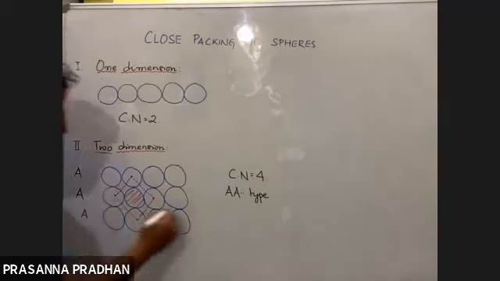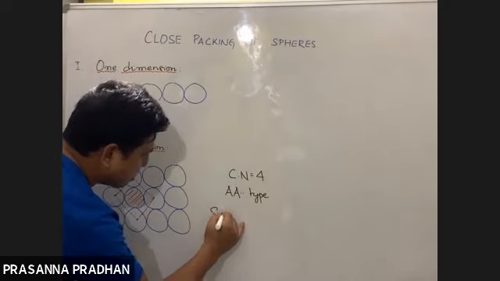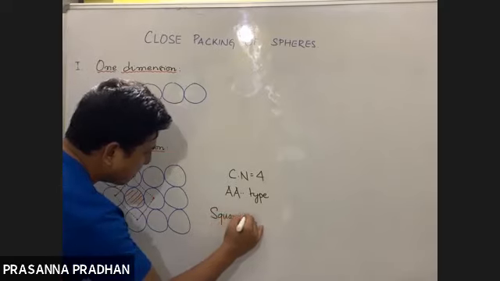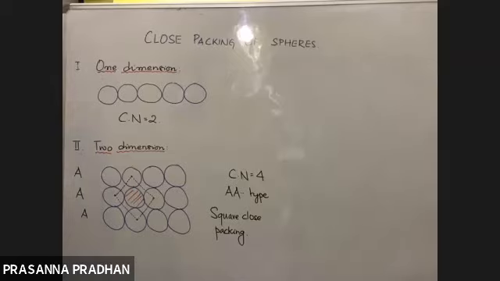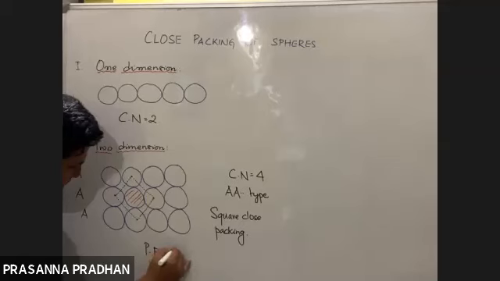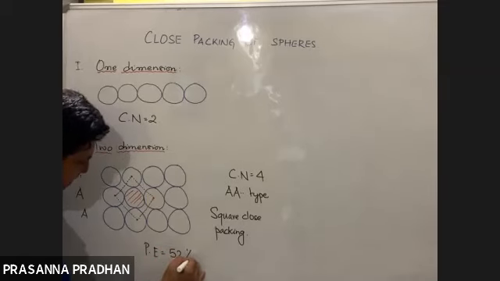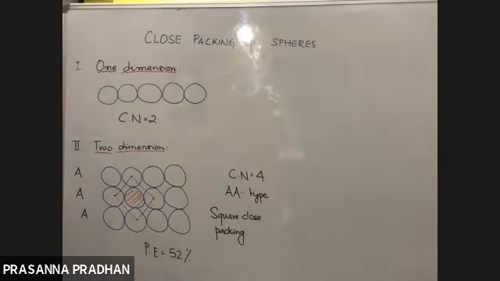Square. So this is known as a square close packing. The packing efficiency of this is very, very, very less, approximately 52%.